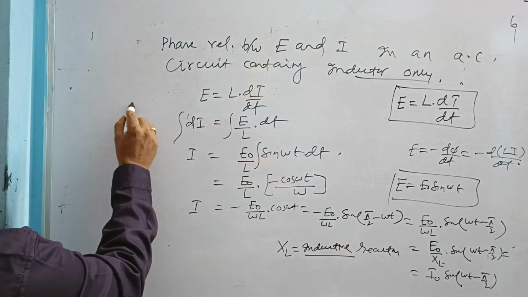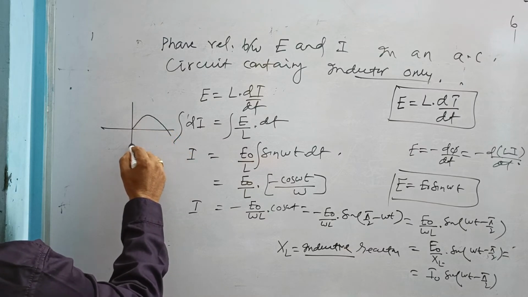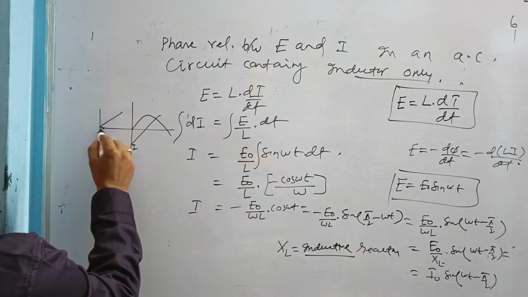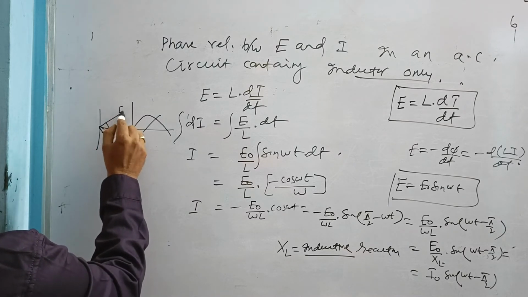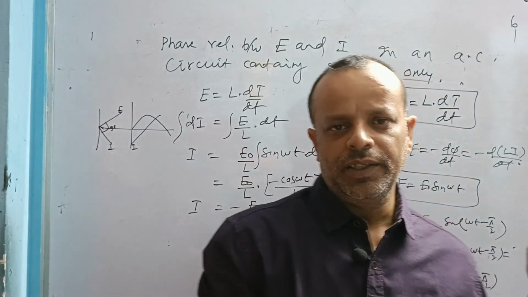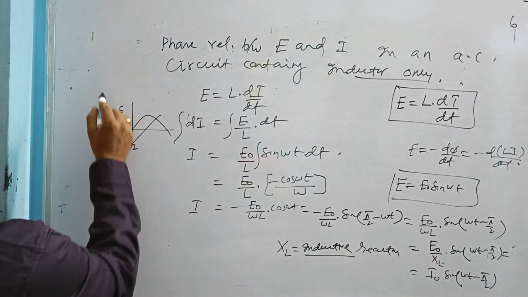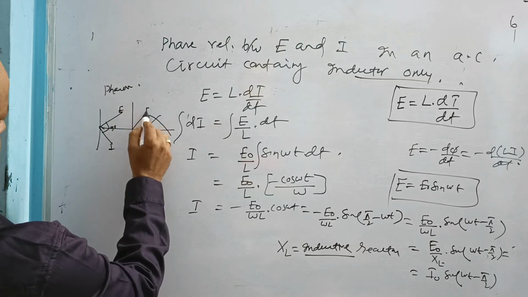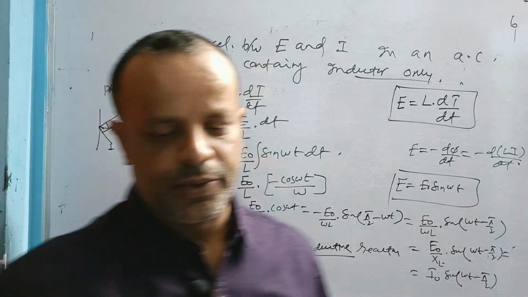Suppose this is the EMF, then current is 90 degree behind. In the case of inductor, we see that current lags behind EMF by pi by 2. This is a phasor diagram. This is the EMF, this is the current, and current lags behind EMF by pi by 2.